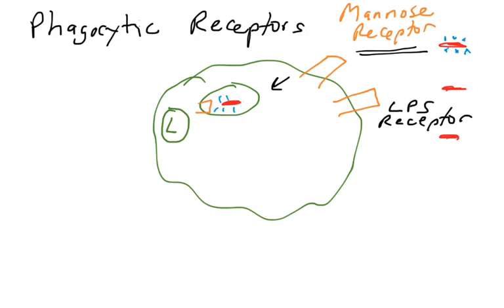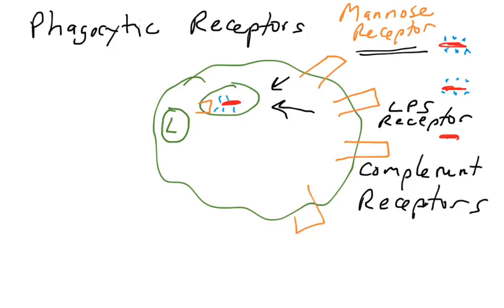So if you are infected with a gram-negative bacteria, your macrophages can recognize that bacteria. So there's some LPS covering that gram-negative bacteria. The LPS receptor will engage the LPS on the pathogen, and that will trigger receptor-mediated endocytosis, and that pathogen will be destroyed. Third class of phagocytic receptors are complement receptors, which we touched on previously.